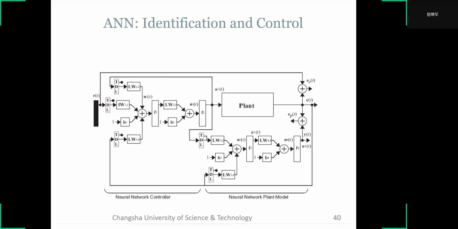This is another example of identification and control. This part is a neural network plant model. This is the neural network controller.